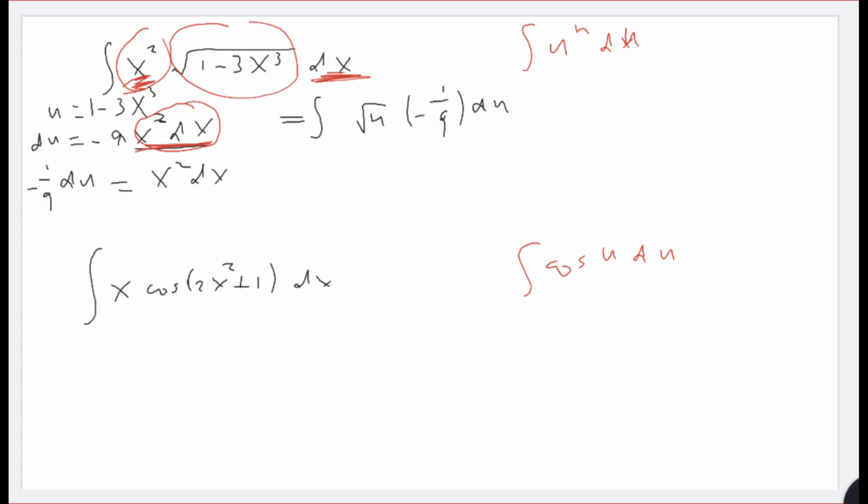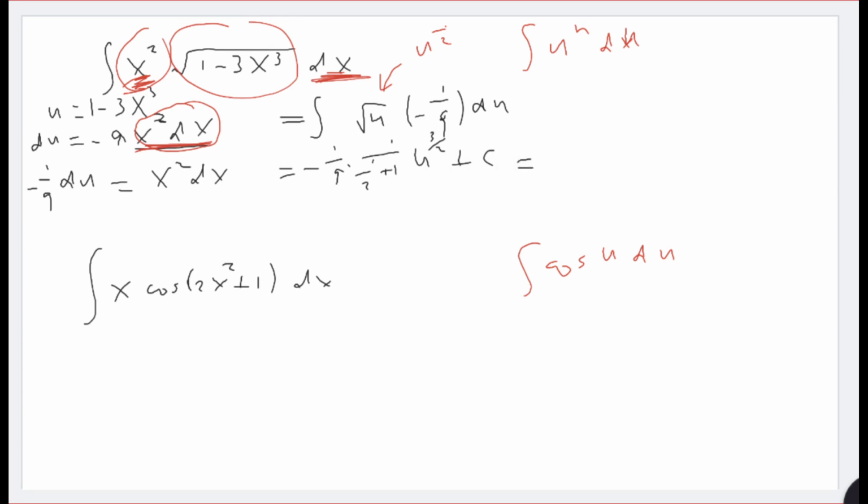Well, square root of u here is raised as half power. From here, we simply apply the power formula. Of course, copy the negative 1/9. Half power formula is 1 over half plus 1, u raised to half plus 1, which is 3 over 2, 3 halves, plus c. See, okay, just like before.